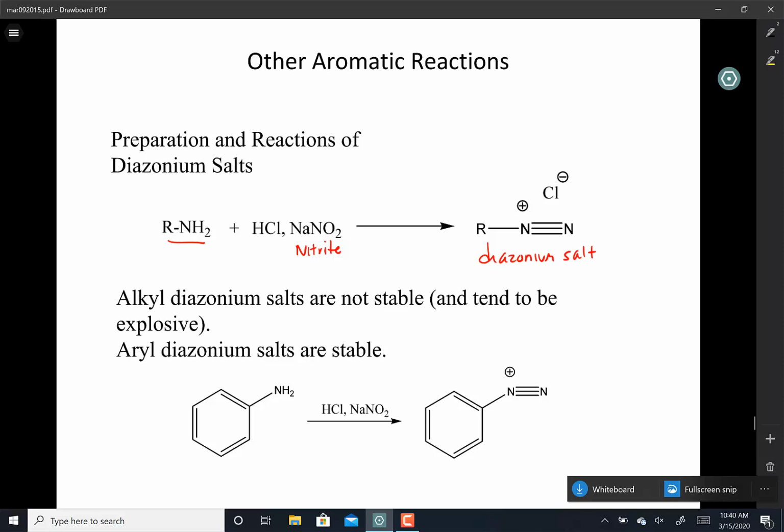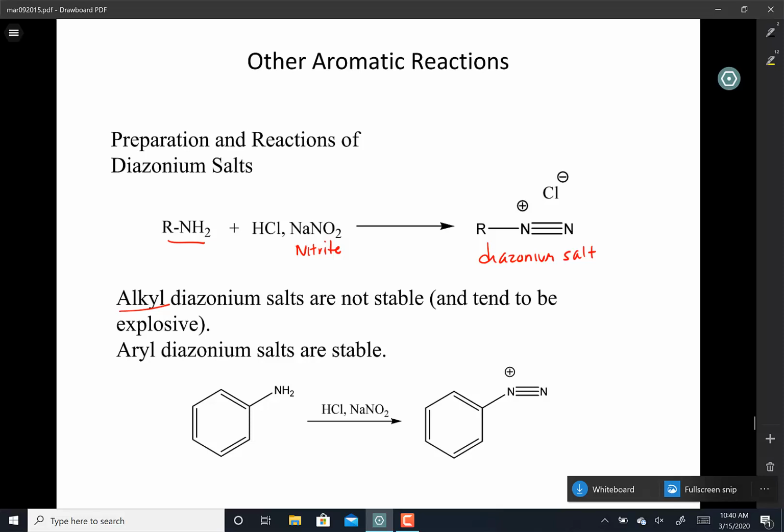You could do this with a regular run-of-the-mill alkyl group, but they tend to be explosive, so it's probably not a good idea to do that in the lab. On the other hand, aryl diazonium salts are really stable, and they are very good intermediates to use in synthesis.